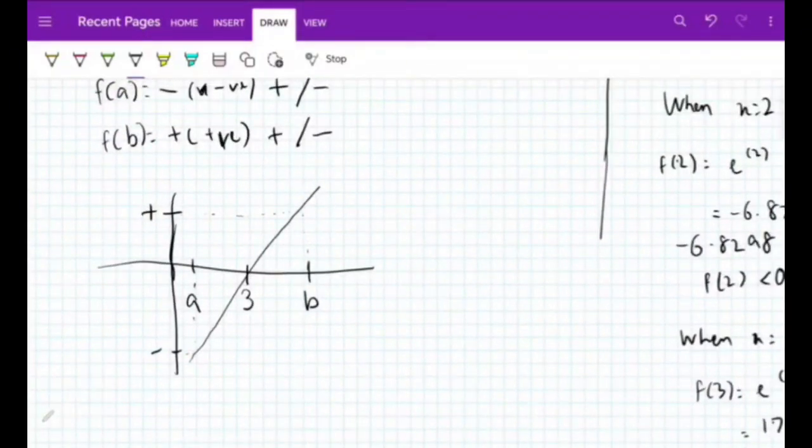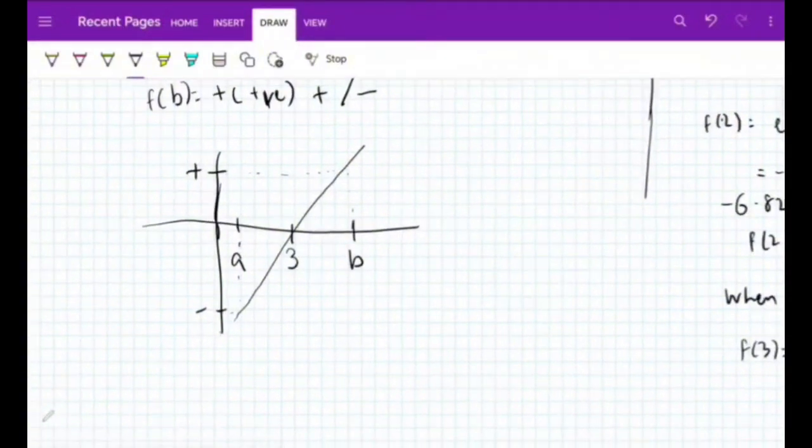That's the concept of why one should be negative and another positive. Once we've got this, we should make a proper conclusion, the same as the graphical method.